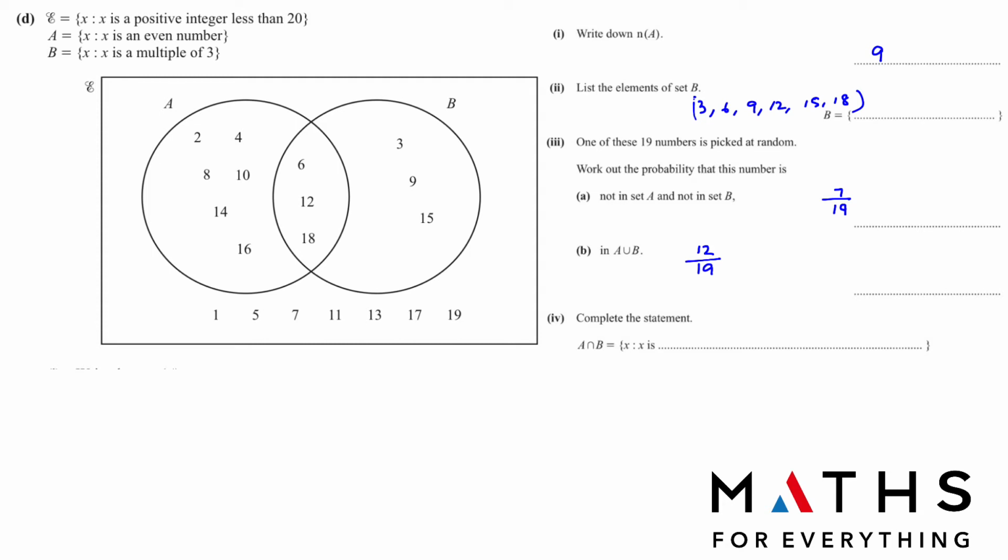We know that this is the intersection, the overlapping part, and it is a part of A and part of B. So we can write the set is x such that x is even and a multiple of 3. We just use the words from here.